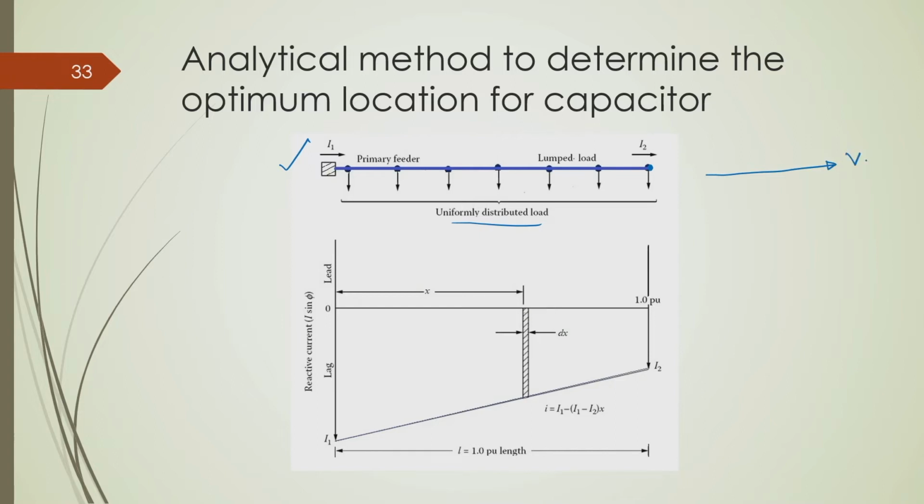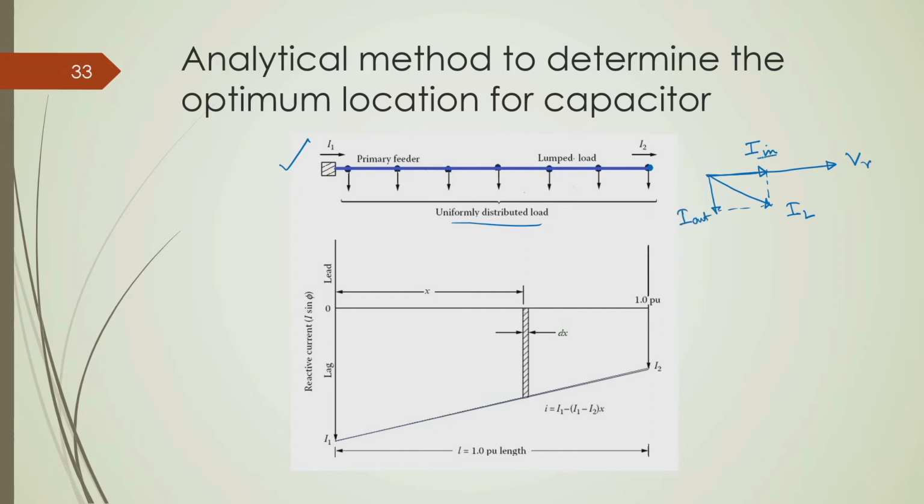Suppose this is the voltage across the load, and this is the current drawn by this load, I L. This I L will have two components: one is the in phase component, I in, and another is the out of phase or quadrature component, I out.